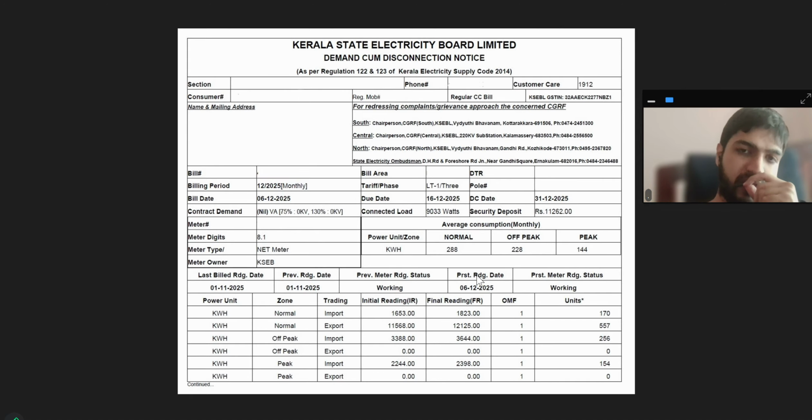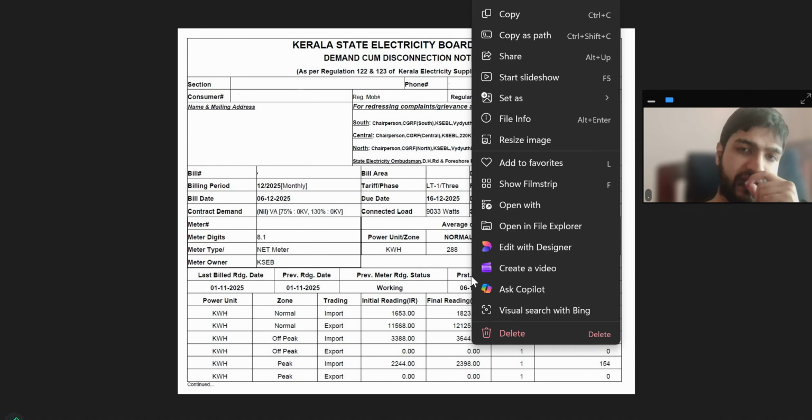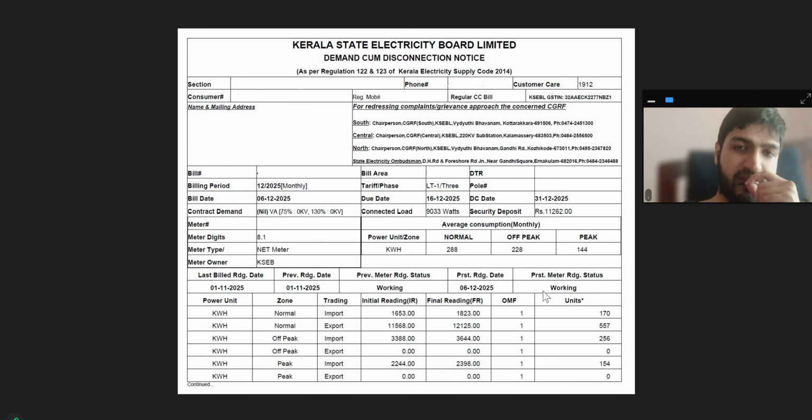Present reading date. Now, what is the current reading date here? That is 16/12/2025. So for this particular month, that's December, the bill is taken on 16 December. Now, the present meter reading status is working. So the current status is also working.